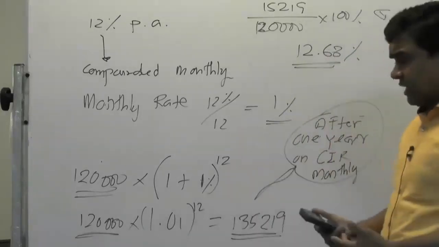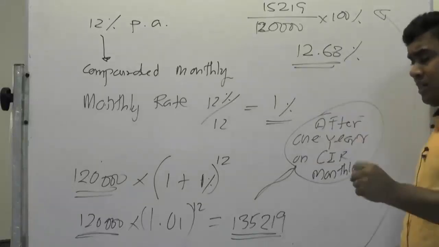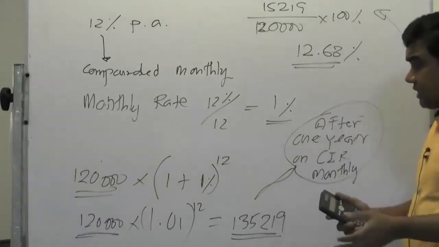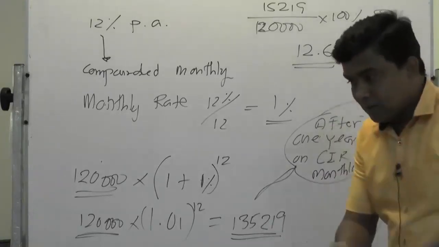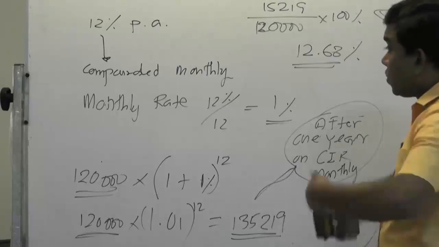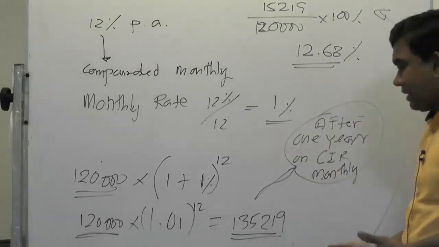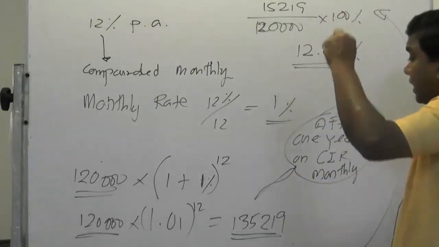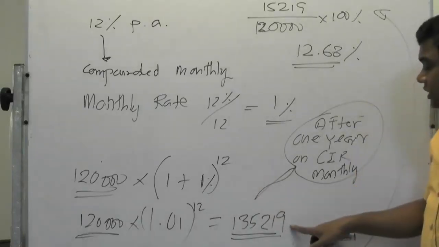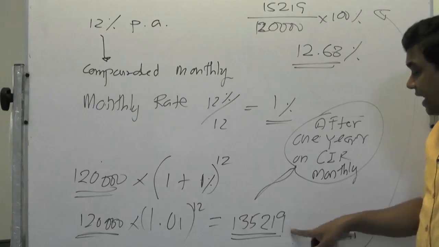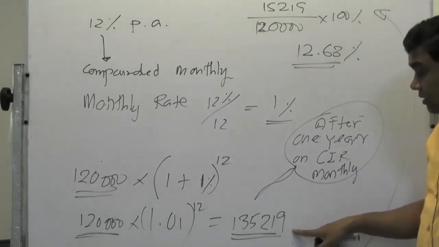Then at the end of the second month, you have 2 months interest. Therefore, third month interest will be calculated on both principal plus previous month interest. That is called a compounded interest monthly. Once you earn like this, you will end up with 135,219 at the end of the first year.